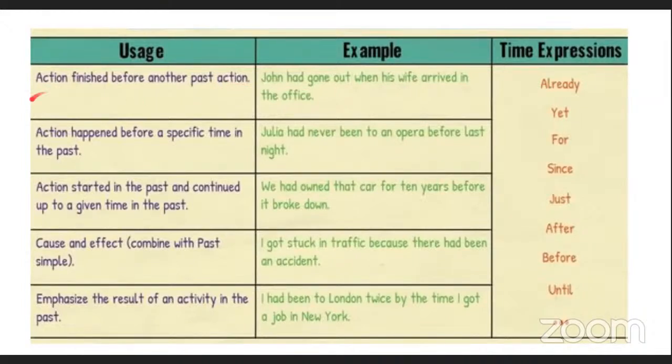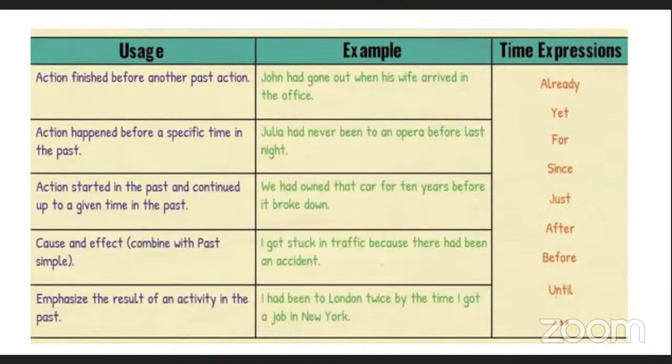Also, we use the past perfect tense whenever we want to express actions that happened before a specific time in the past. For example, Julia had never been to an opera before last night.